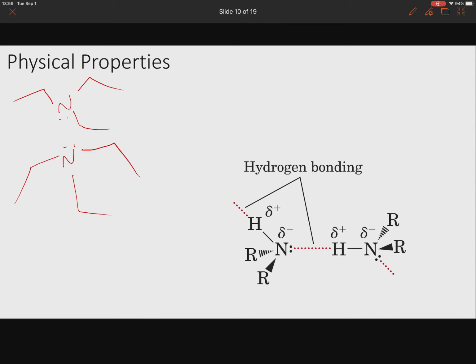So, unable to hydrogen bond. You can see that they don't have any hydrogens to bond to. Again, in water, though, these things are pretty soluble because this nitrogen can hydrogen bond to the hydrogens on water molecules.